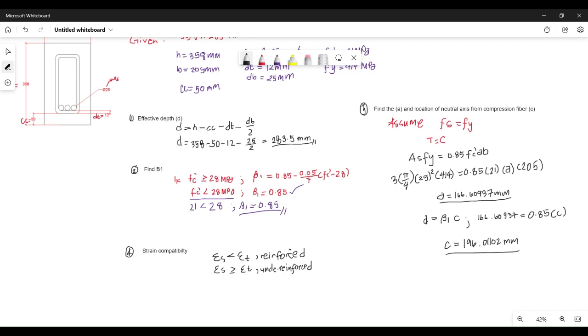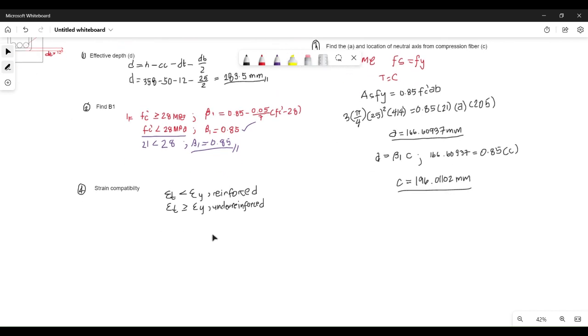Mali pala tayo. We have to change this: this is strain y, and this is strain t. If your strain t is less than strain y, this is over reinforced. If your strain t is greater than or equal to strain y, this is under reinforced. So we have to find our strain t.